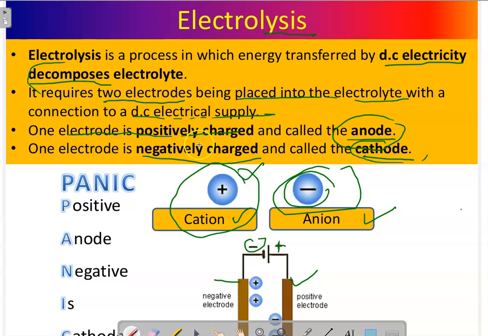One of the electrodes is positively charged and is called the anode, and the other one is negatively charged and is called the cathode. Again, an ionic compound contains two ions, positive and negative. The positive ion is called a cation and the negative ion is called an anion. We remember this using the acronym PANIC.